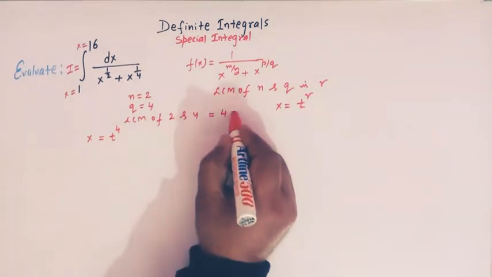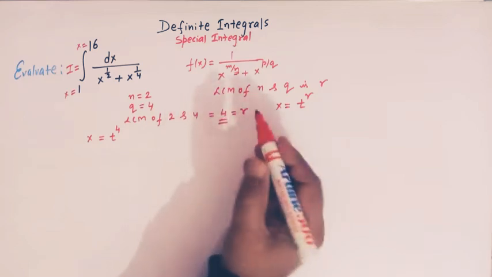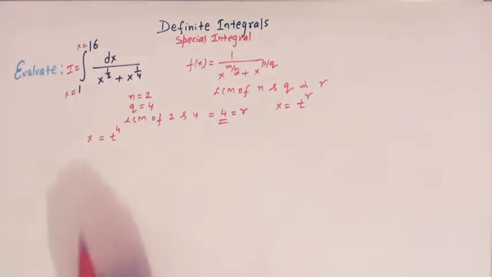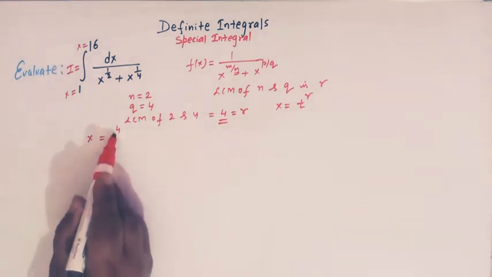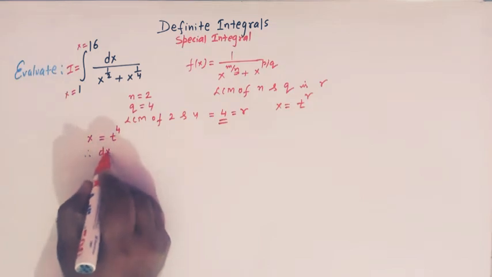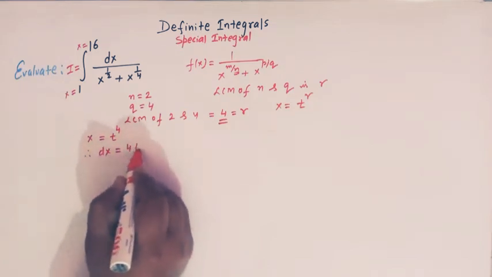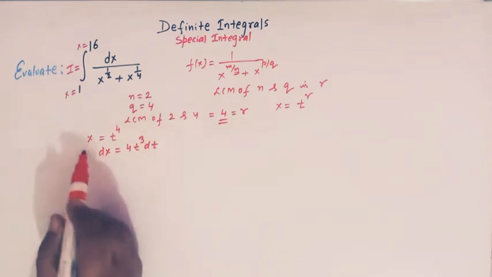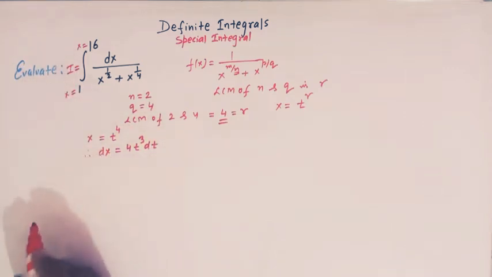Here the value of r is 4. So now we have x is equal to t raised to 4, and we can write dx is equal to 4t cube dt. Let us change the limits accordingly.